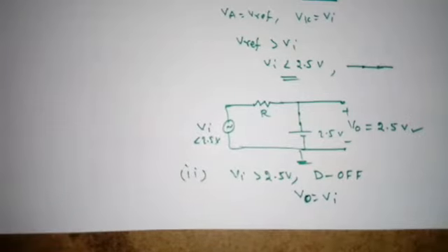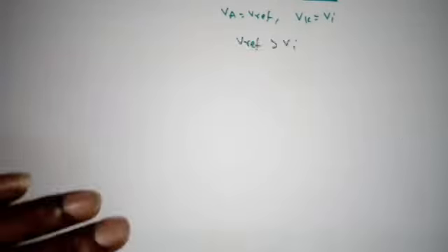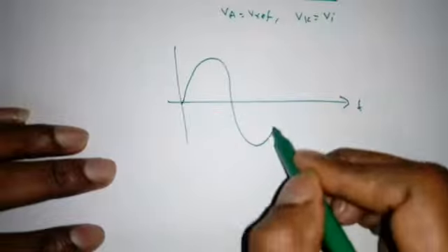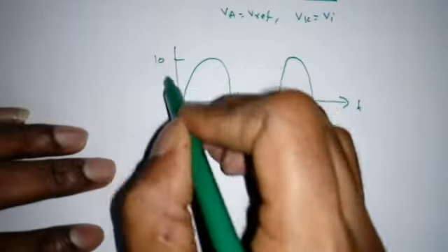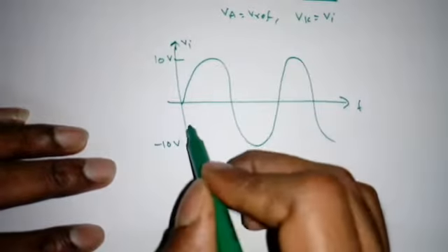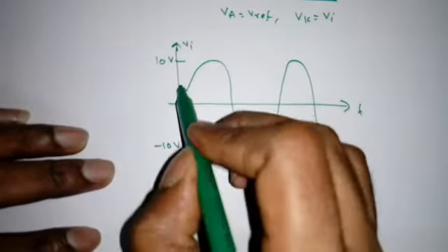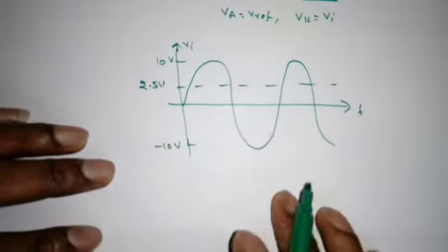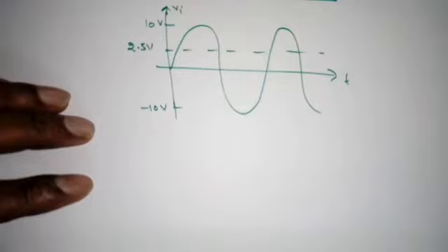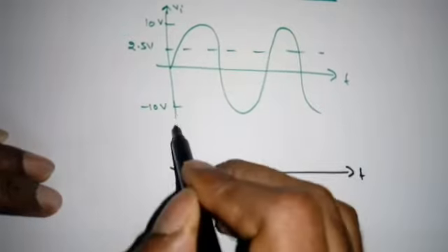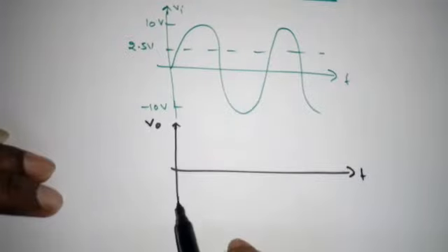Now I will draw the output waveform. This is 10 volt, minus 10 VI. Now tell me what is the reference value now? 2.5. So this is positive, so 2.5 volt. This is V0.